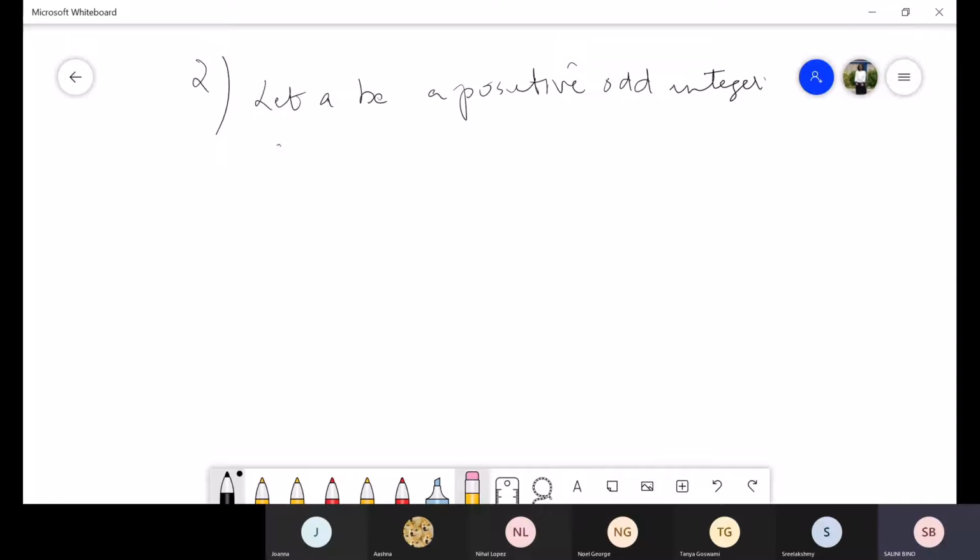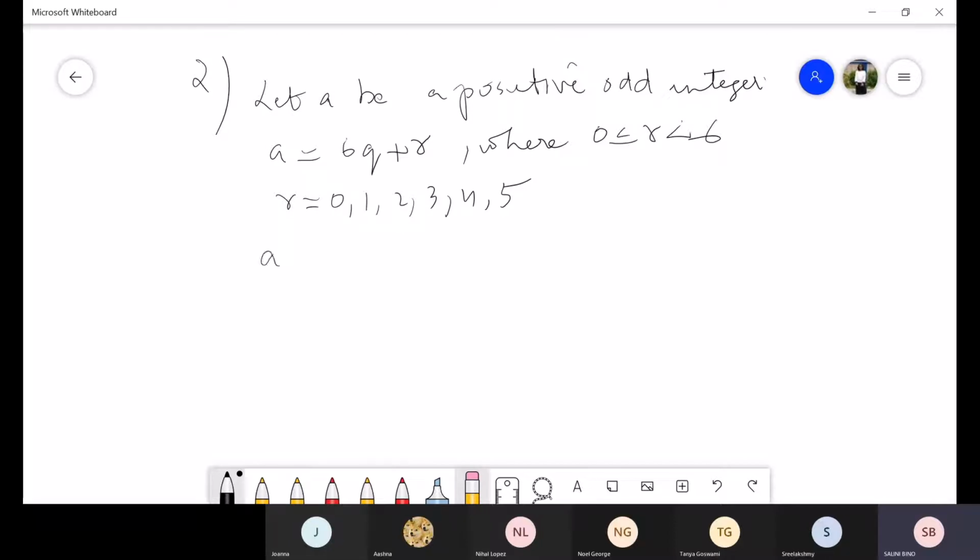So you write a equal to 6q plus r, where 0 less than or equal to r less than b. b is 6 here, so r will be 0, 1, 2, 3, 4 and 5. Understand? Because it will be less than 6. So all the values from 0 to 5 you can write.